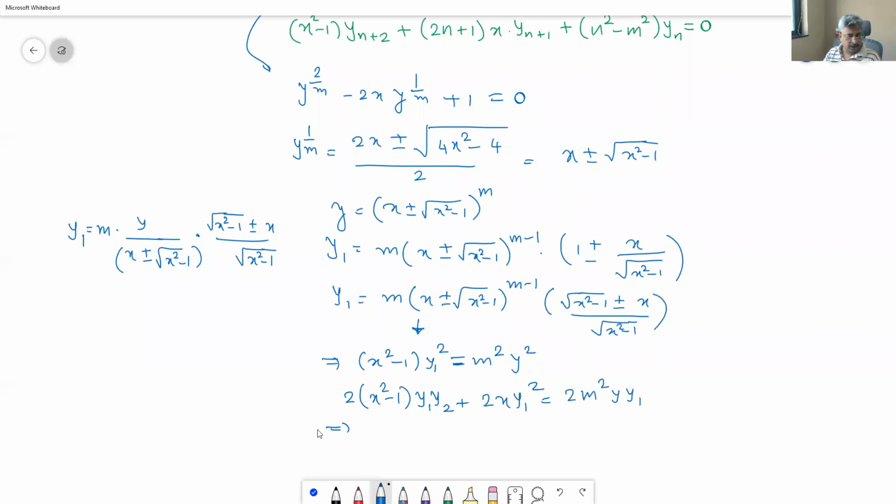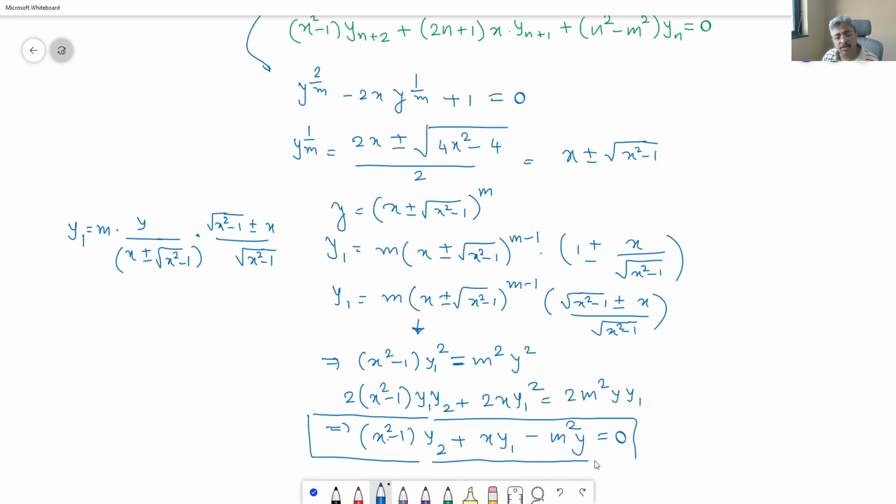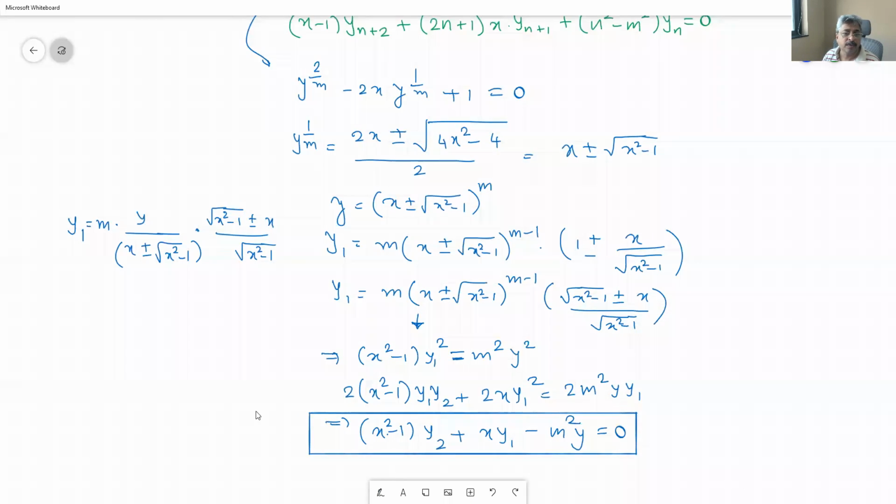After simplifying this, you get x square minus 1 into y2, y1 gets cancelled from everywhere, plus x y1 minus m square y is equal to 0. So this is the simplification of the given, such that if we apply Leibniz to this, we get the identity that is to be proved.